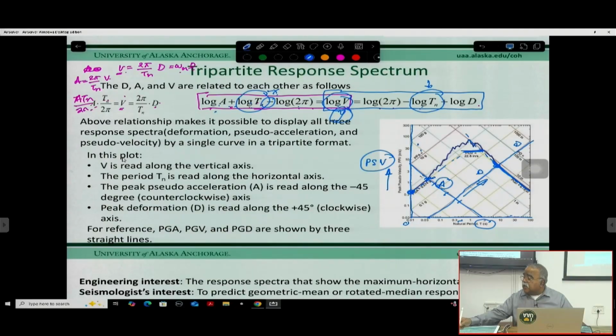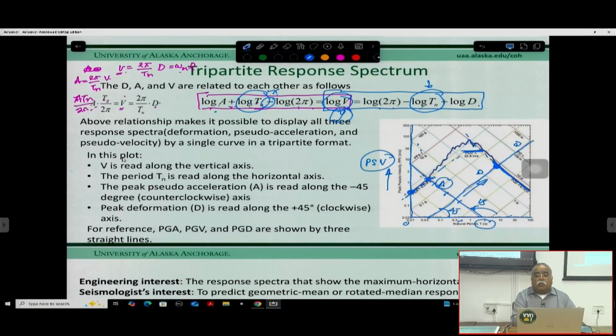From this graph, as it reaches here, you can find the peak ground acceleration values. So peak ground deformation is read at 45 degrees from here, and this is read at 135 degrees. Does it make sense? The tripartite plot.